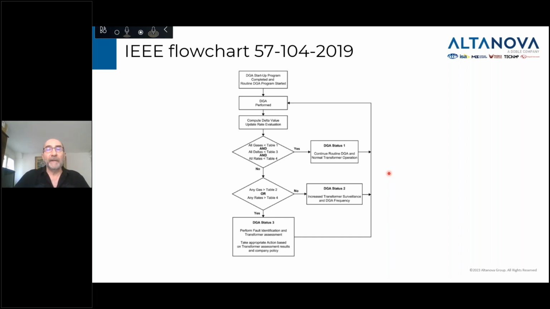Now you're not just looking at punctual data, but also at the age of your transformer, and whether it's a sealed or a free-breather transformer. You also need historical DGA data to use some of the tables to find what DGA status you're in, status 1 or status 2. So as I said, it's a much more complex and thorough analysis than the previous one, the C57.104 of 2008.